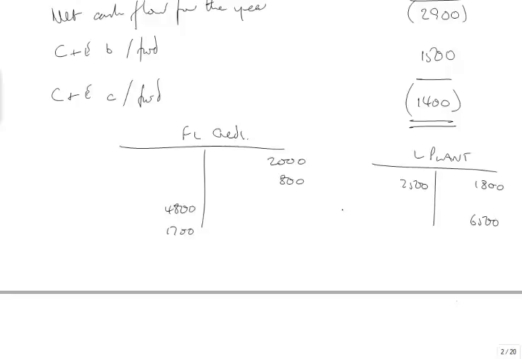Therefore I must have bought 5,008, unless I've forgotten something. So I must have bought 5,008, depreciated the 2.5 by 1.8.